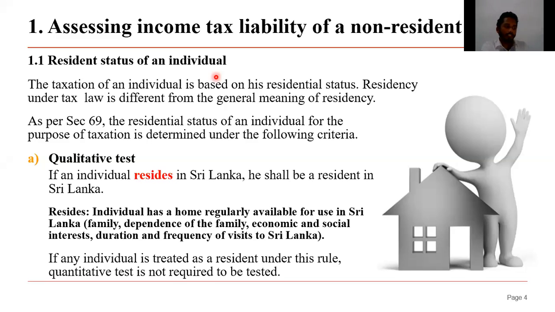Then an individual is under person, so how an individual becomes a non-resident is one of the key areas. How do we determine whether an individual is a resident or non-resident? It is important to understand this.